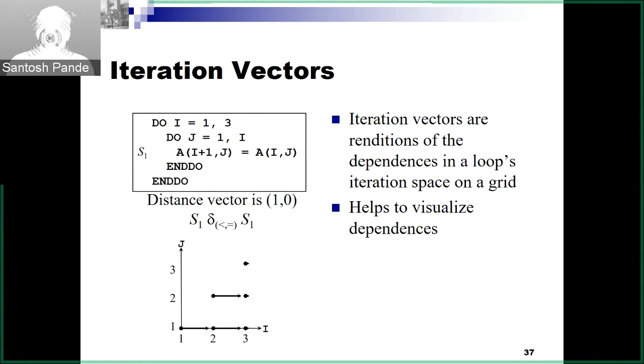For example, in this case, we have a distance vector because the difference between the I vectors is 1 and the other one is 0, or the direction vector is less than and equal to. And in this particular case, you can see again that the dependence being carried here will be in the I dimension, which is less than.